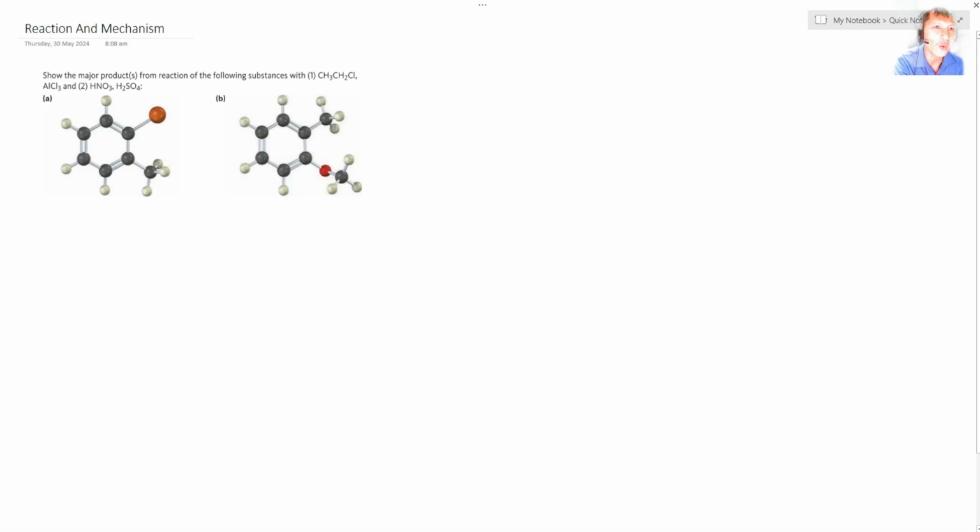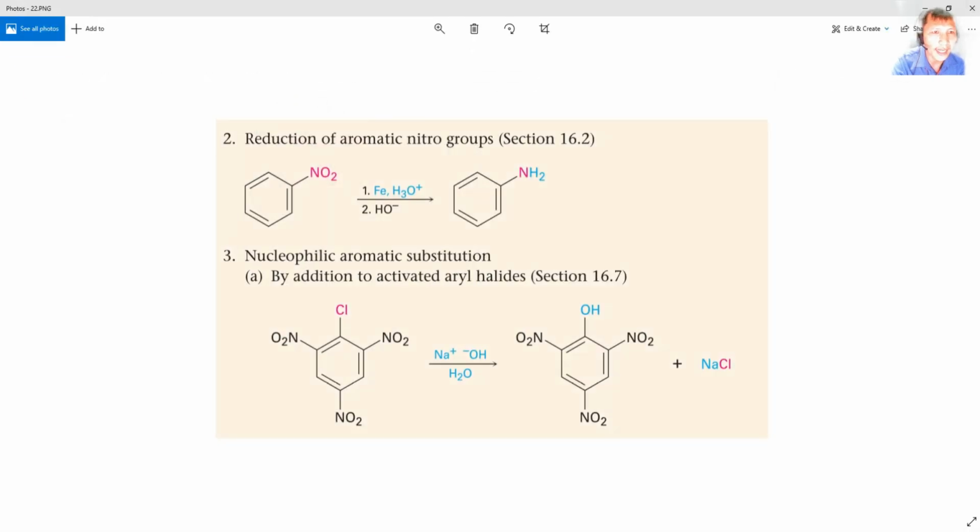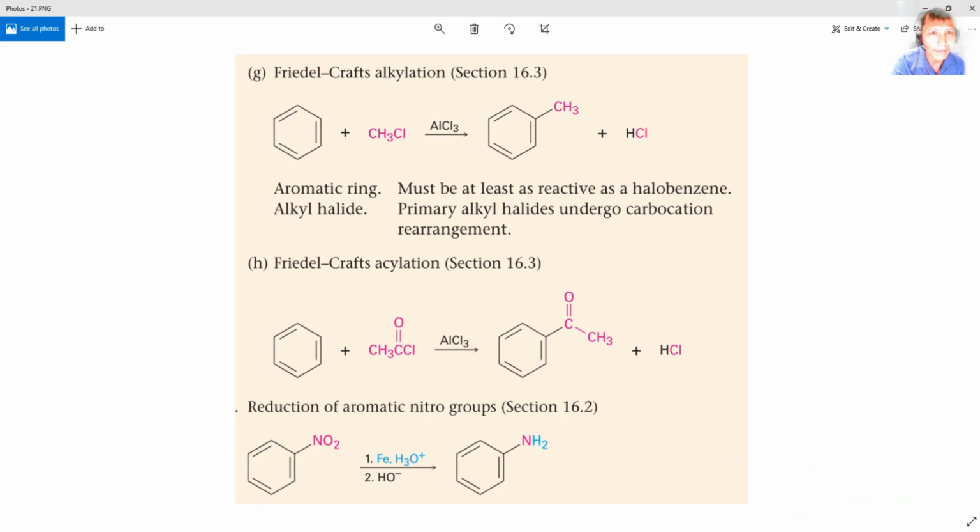So actually, if you look at your cheat sheet, what would really fit for this is this Friedel-Crafts alkylation. That word, alkylation. The example here is CH3Cl, a chloromethane, sorry. But as you can see, you can use it for any other alkyl.